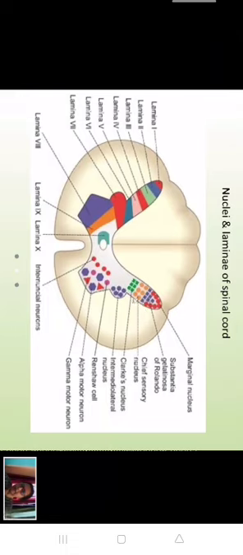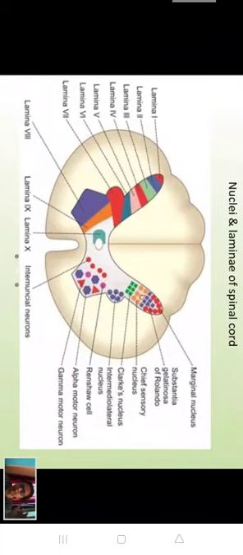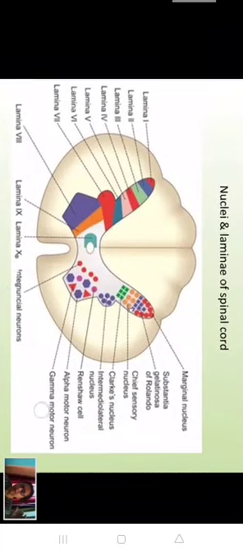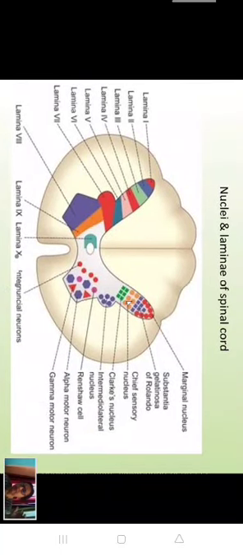See, this is called the posterior gray horn. All the nuclei, I mean the cell bodies, are situated in the gray matter, so the nuclei are collected here. What is the importance of these nuclei? Why should you know this? Because these nuclei are not random. These are the cell bodies of the fibers that carry a specific sensation from a specific receptor.